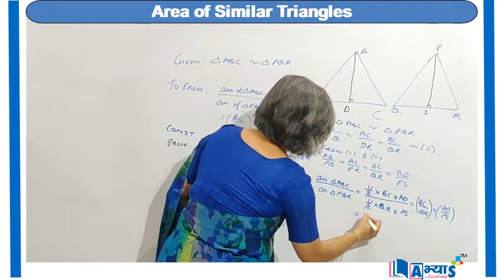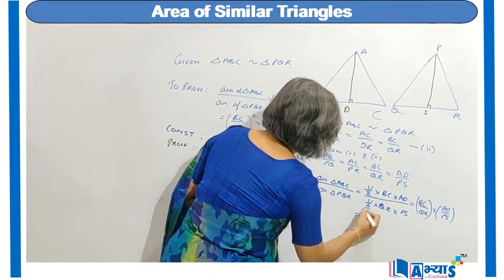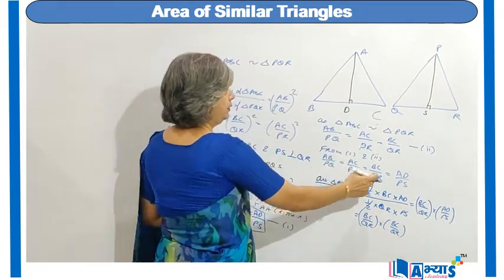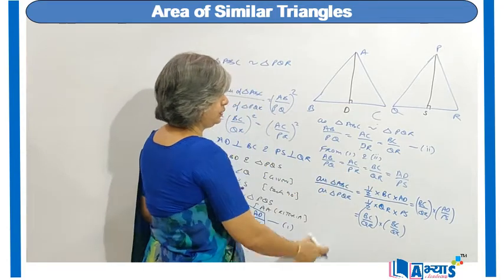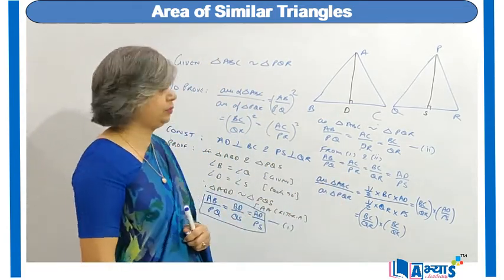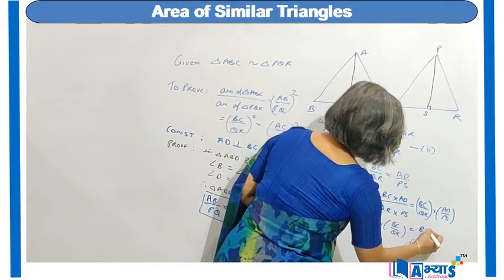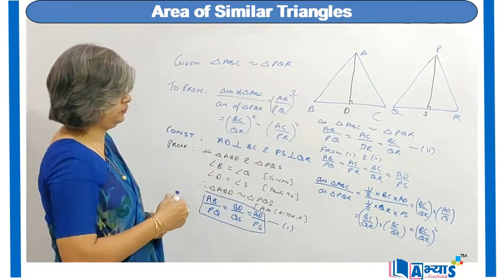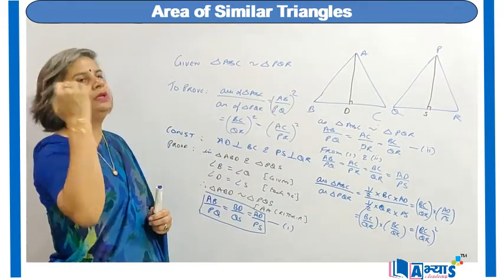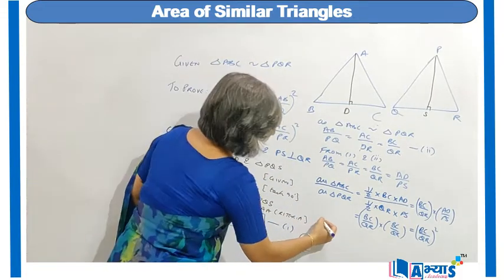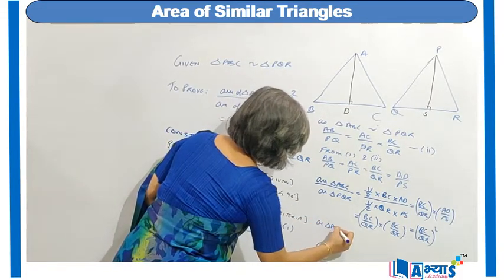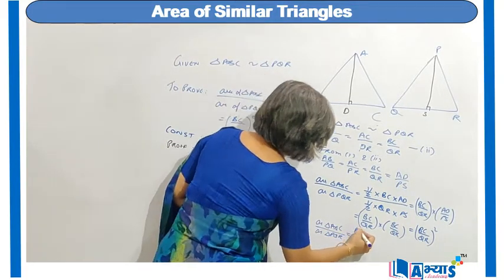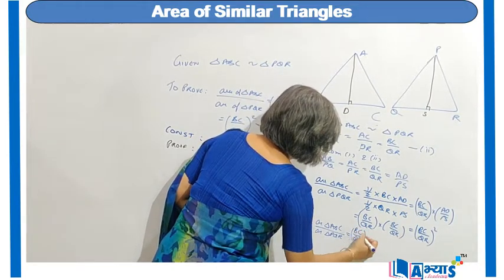We know that AD upon PS is equal to BC upon QR, so replacing AD upon PS by BC upon QR, I get BC upon QR whole square. So this is how the ratio of the areas of two similar triangles is equal to the ratio of the squares of their corresponding sides. And further we can say that area of triangle ABC upon area of triangle PQR is equal to BC upon QR square.